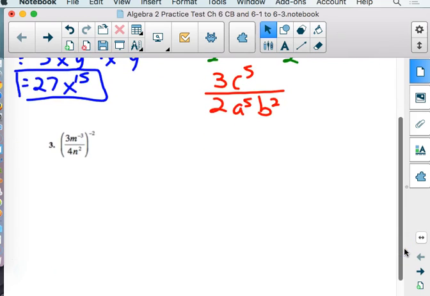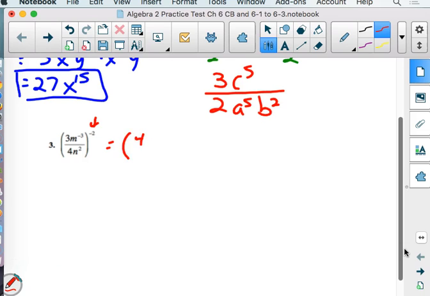Anything in number 3 fly out at you as I would do this first? Because this one has lots of different ways to do it. Well, for me, I don't like those negatives. I'd rather not use them. And so what I was thinking was I would flip this to make that a positive 2. I think that would help a lot. So I would do this, 4n squared over 3m to the negative 3rd, and square the whole thing.